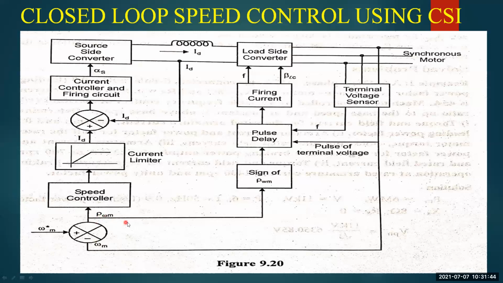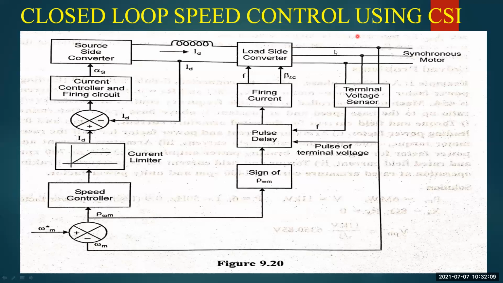Whether this speed error is positive or negative can be sensed by using the sign of speed error block, which is a display block. So what is the speed error?